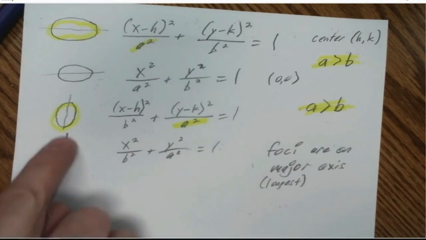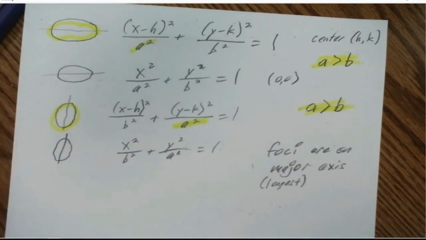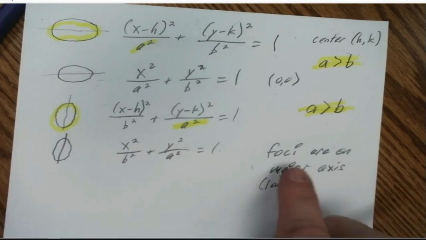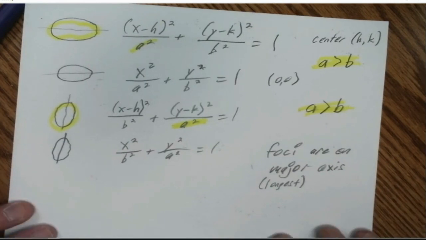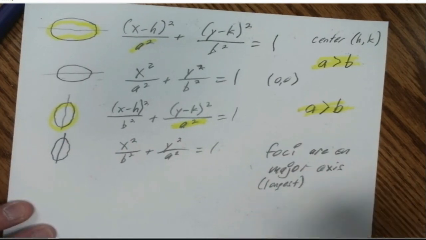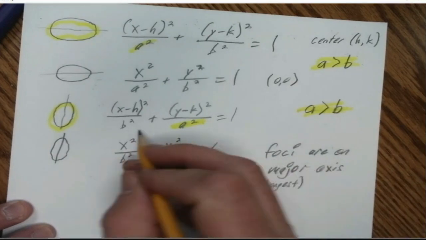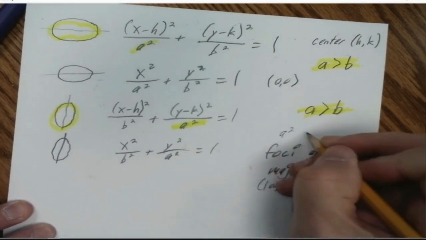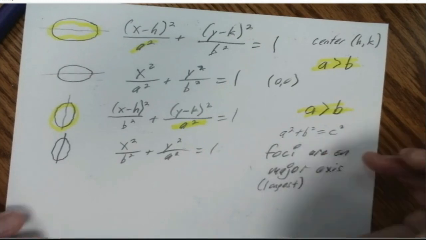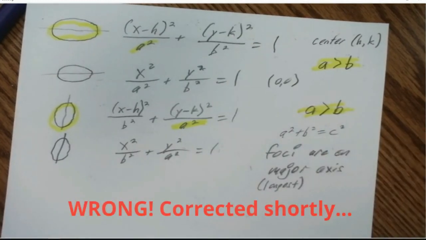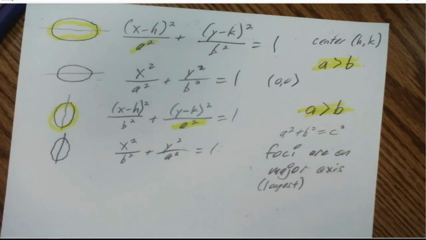So this one's up and down, and this one's left and right. That's where you will find the two focus points. They're on the major axis. And we do have with the a squared and the b squared, a squared plus b squared does equal c squared in this case. The Pythagorean theorem applies in here. And that c, we'll use that c here in just a moment.